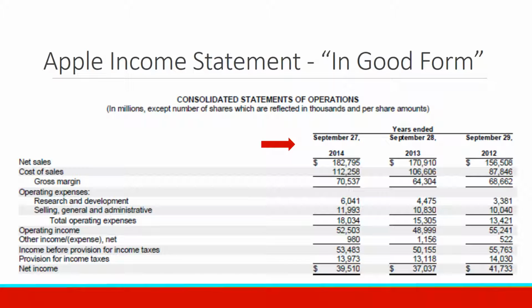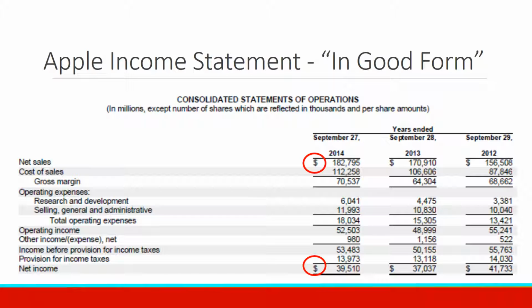The third thing that you need to say is, what is the time period? For an income statement, we need to know the length of the time period involved. So these are the years, the 12 months ending, for example, on September 27th, 2014. One thing to note is the newest year is stated first and the later years come after that.